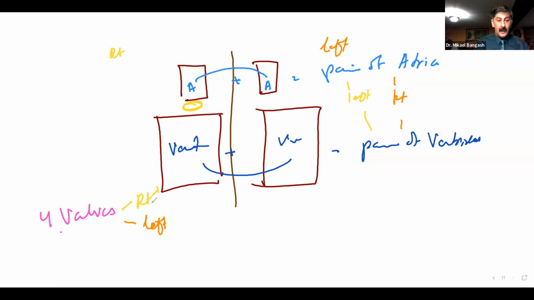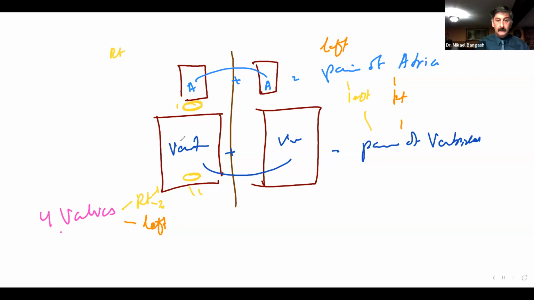The other right valve is going to be, now I draw it here just for understanding, mainly the valve that's going to open up from the ventricle and go into a blood vessel. Off from a ventricle, sorry. So that makes up your 2 right valves.